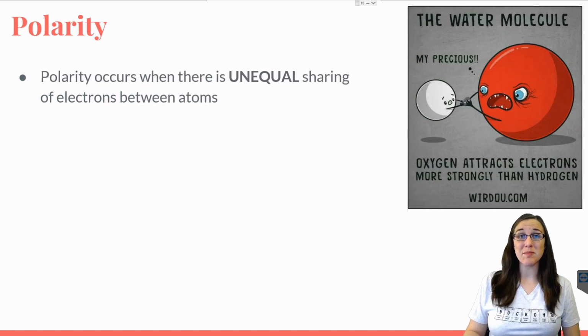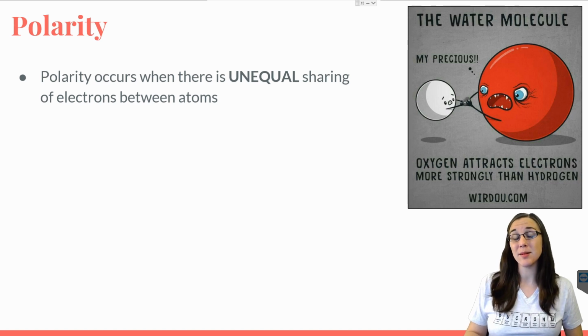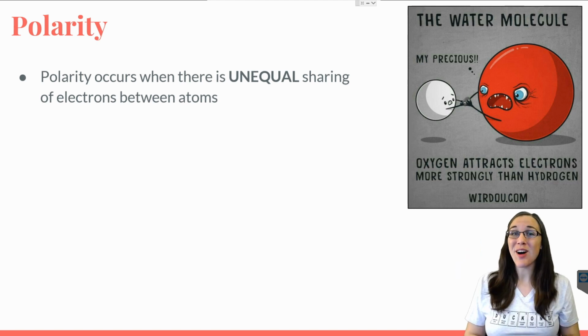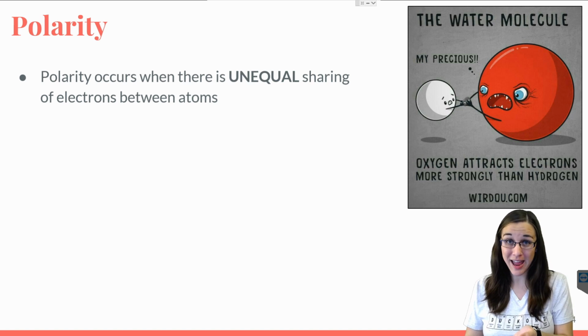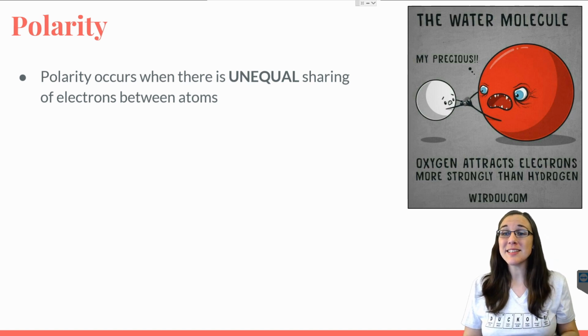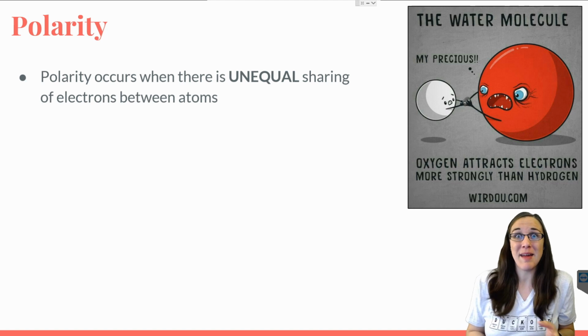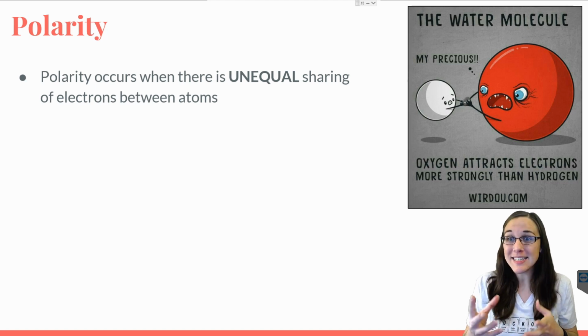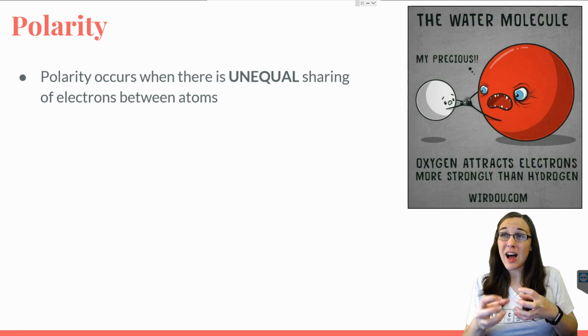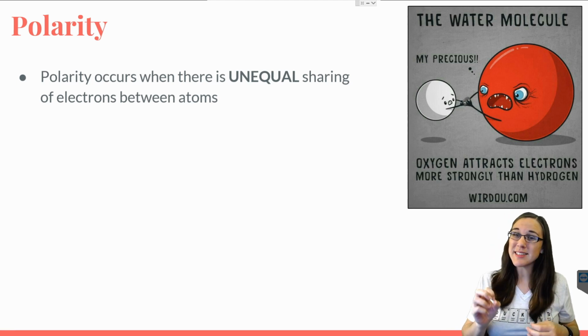Polarity in chemistry means that there is an unequal sharing of electrons between two atoms. So if you have, like in this picture above my head, oxygen and hydrogen, oxygen is indicated here in red and hydrogen is indicated in white. Basically what you have is that oxygen is like, my precious, and it's taking the electrons from hydrogen, or it's like holding on to them. It's not fully taking them, it's not stealing them.